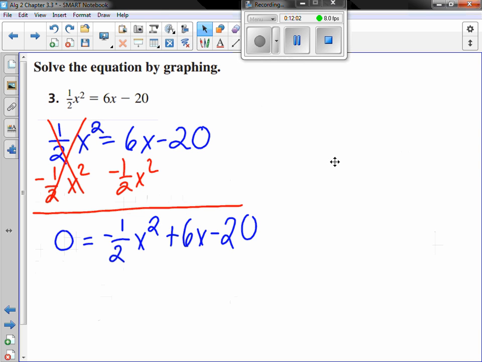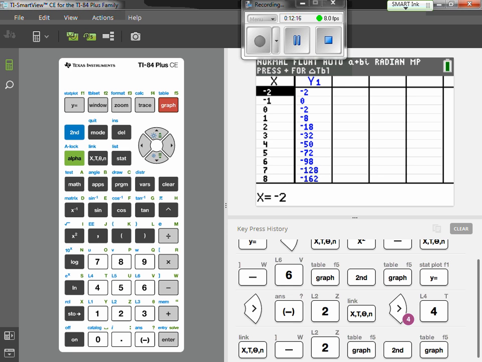Now we're going to type this into the calculator. And again, as just a reminder, if we want to type in a fraction, we would do alpha y equals enter. Alpha y equals enter will give us a fraction.